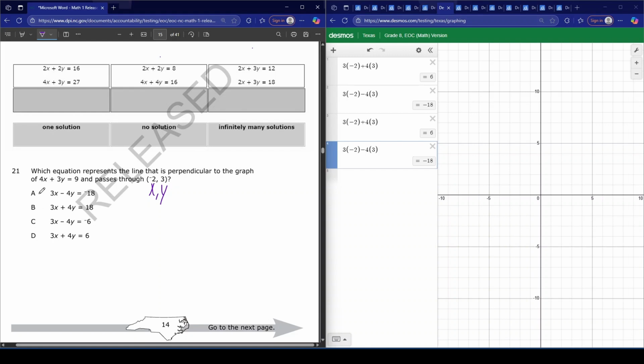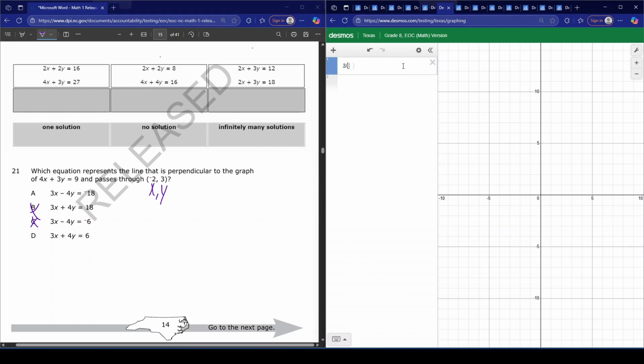So, for example, A: if you were to put 3x minus 4y equals negative 18, whatever x and y, it should equal negative 18. And that's what I did over here. But I found that B and C don't equal out to what they're supposed to, so we can eliminate those. Let me do this again.